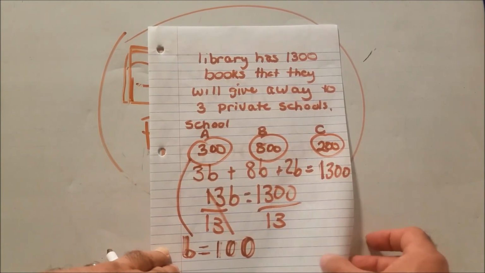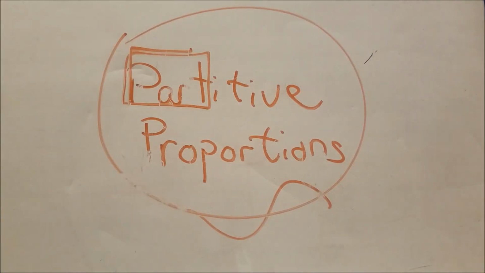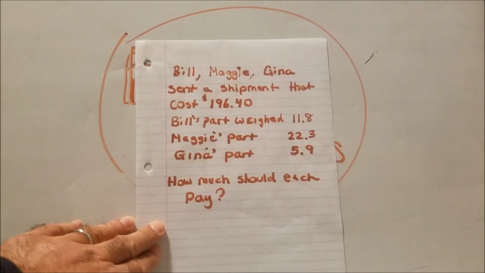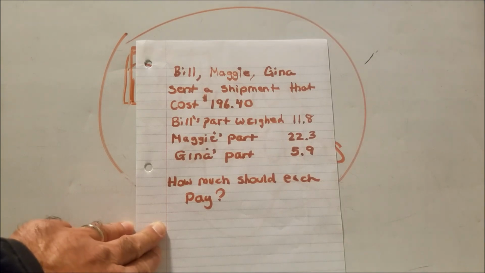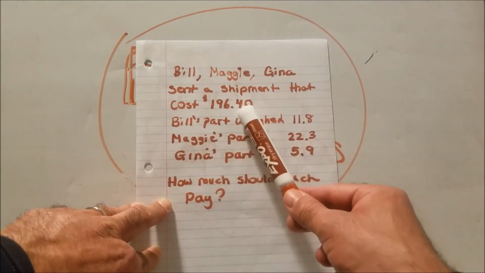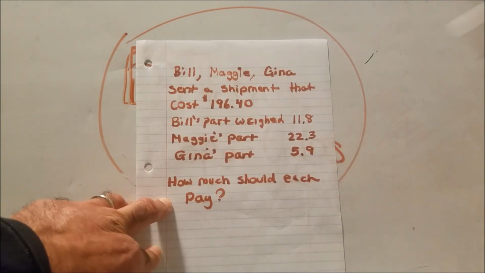Let's do another one. All right. So here we have Bill, Maggie, and Gina, and they sent a shipment and it costs that much to ship. Must be very heavy, right? And here's all the parts of what it weighed. So Bill's part weighed 11.8. We'll say pounds, doesn't matter.